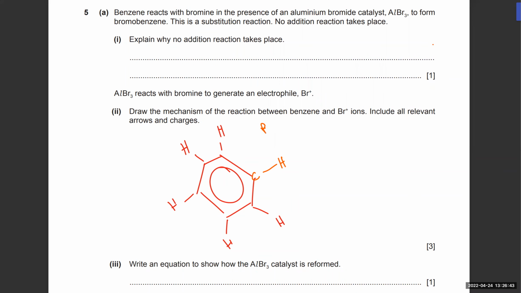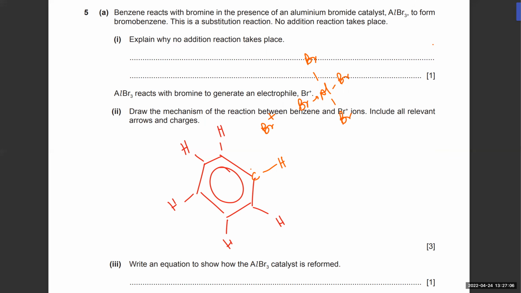Well, you had a bromine molecule, right? But the bromine molecule got polarized by the AlBr3, and that AlBr3 attracted electrons from one of the Brs. So one of the Brs went and got attracted to that Al, and you're left with a Br positive.